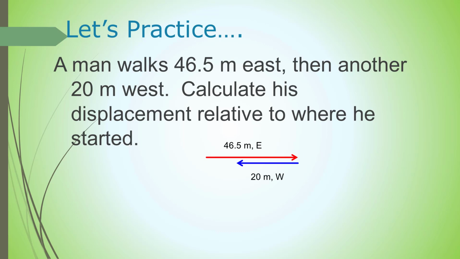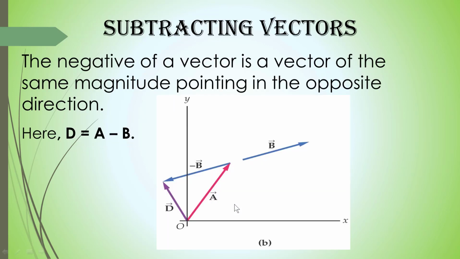We will simply subtract these two vectors and we get the answer, which is equal to 26.5 meters east. Because these two vectors up to this point cancel the effect of each other and what is left is this portion. So this direction is along east, and we get this resultant.